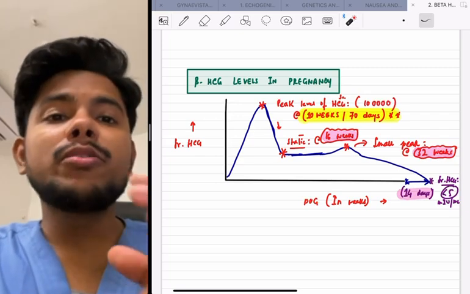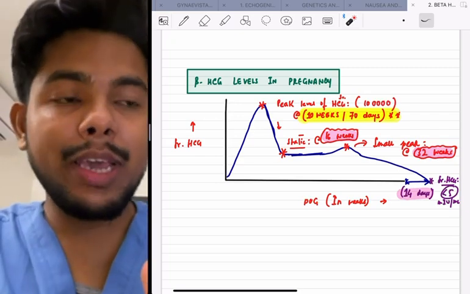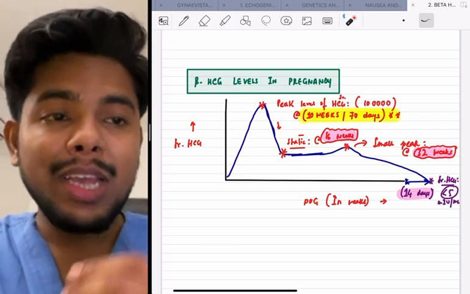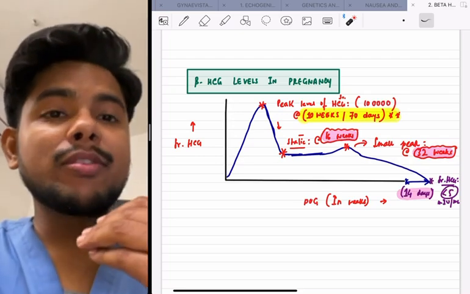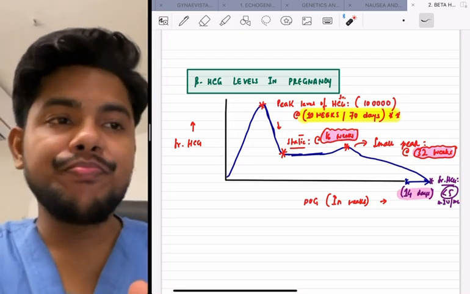We call it corpus luteum rescue, because hCG helps in rescuing the corpus luteum.